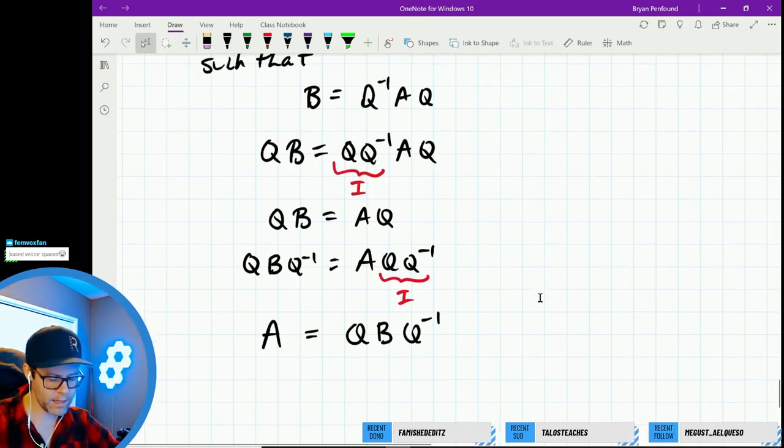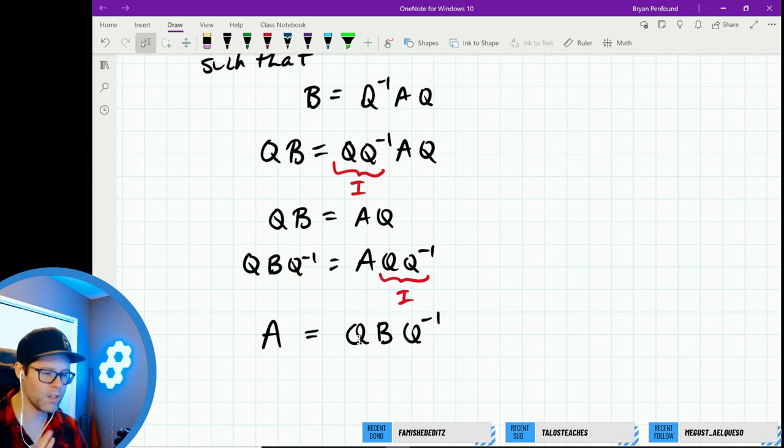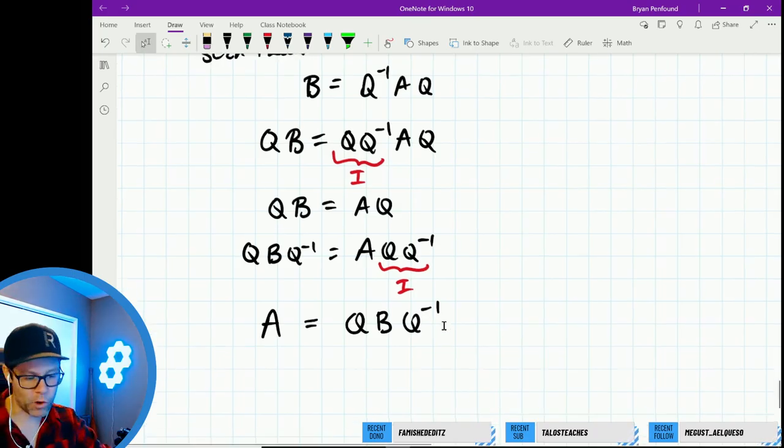Can we now say that B is similar to A? If we start with this relationship that A is similar to B, is it true that B is similar to A? Well, the answer is yes, because we have the existence of an invertible matrix that satisfies the equation that we want. We just have to take the inverse to make that work, right?